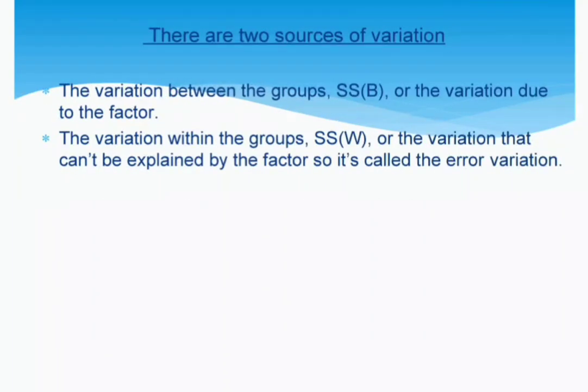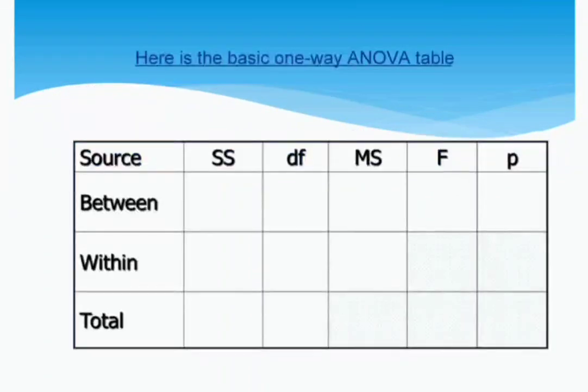There are actually two sources of variation: the variation between groups, or the variation due to the factor, and the variation within the groups, or the variation that can't be explained by the factor, so it's called the error variation. So we can see the basic ANOVA table by source: between, within, total, and SS, DF, MS, F and P.